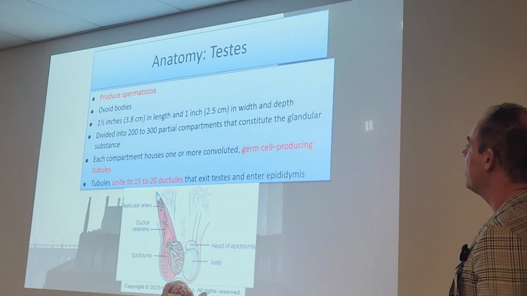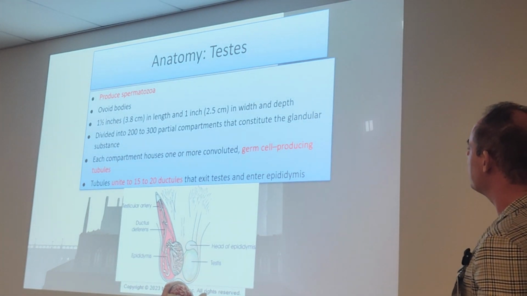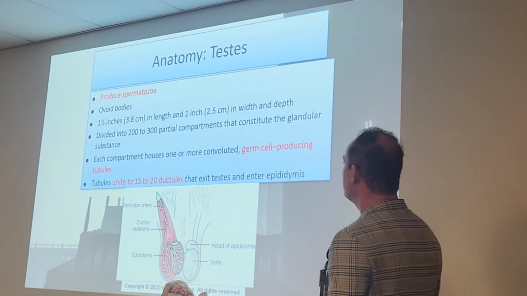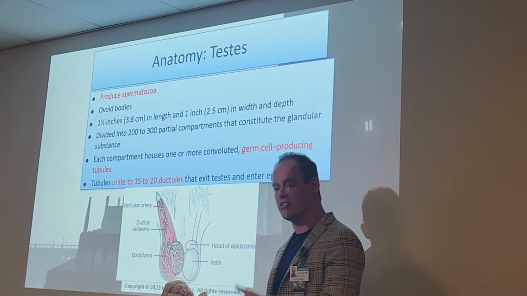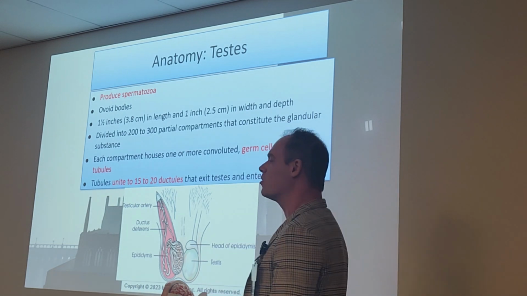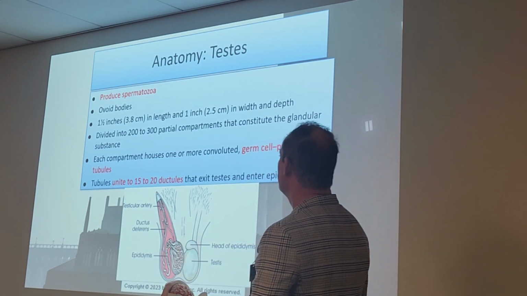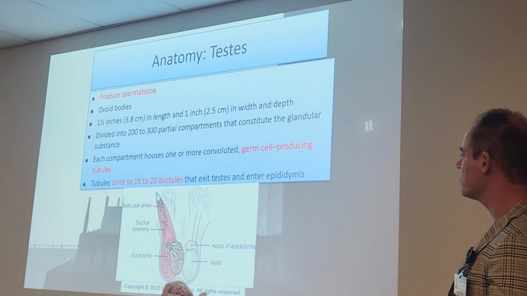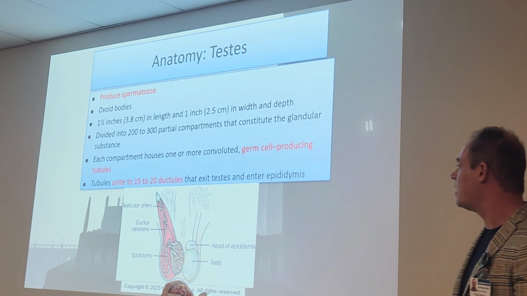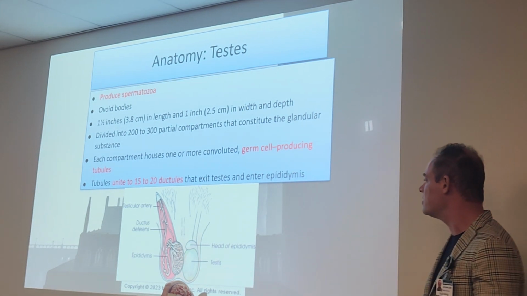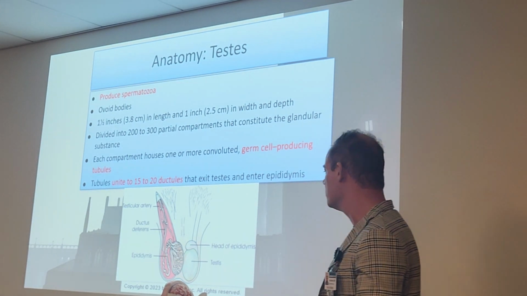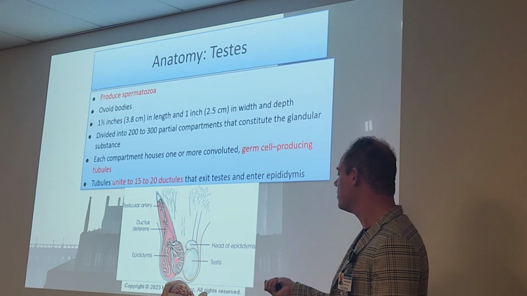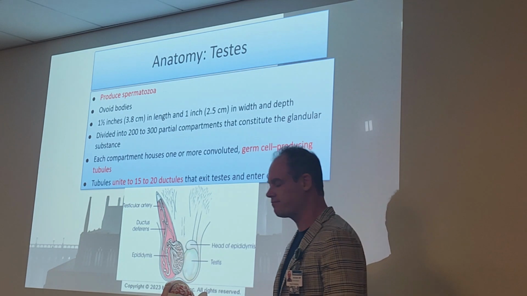They are approximately 1.5 inches to 1 inch in width and depth. They have 200 to 300 partial components that constitute the glandular substance. That's where the spermatozoa are manufactured and created, and of course kept at a certain temperature. Each compartment houses one or more convoluted germ cell producing tubules, and they unite into 15 to 20 ductules that exit the testes and enter the epididymis. So all those little sperm cells are produced in both those testicles via this glandular tissue.